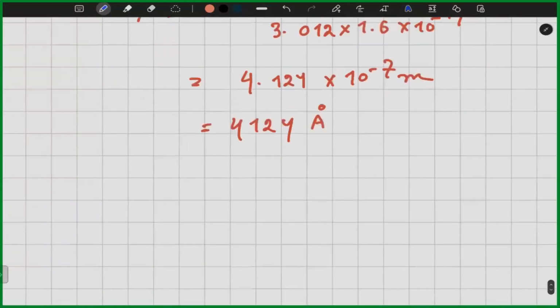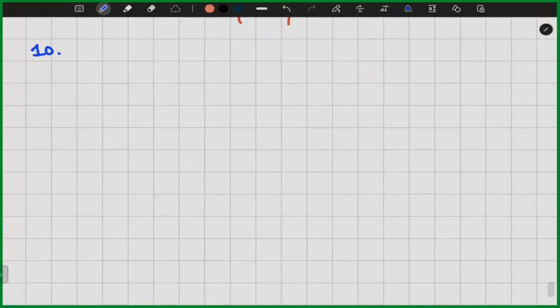Okay, question number 10. They have asked the temperature. Excellent question. They have asked at which temperature the kinetic energy of the gas molecule is equivalent to the energy of a photon of wavelength 6000 angstrom. So the energy of the gas molecule is equivalent to the energy of the photon.